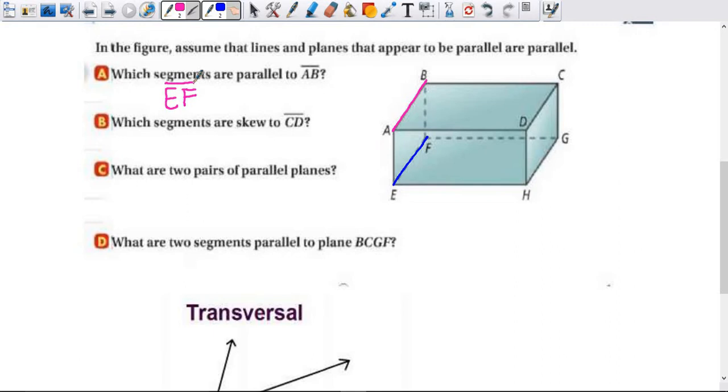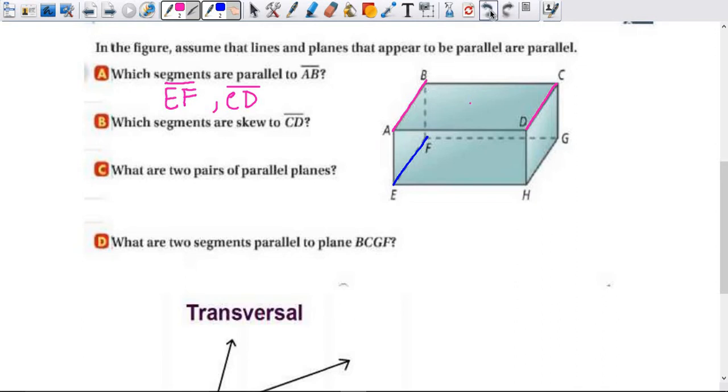And then we'd also have CD. Those are parallel to AB because CD is also on this top plane and EF is on this side plane. So they do share a plane with AB. Now I can't include HG because it doesn't actually share a plane with AB.